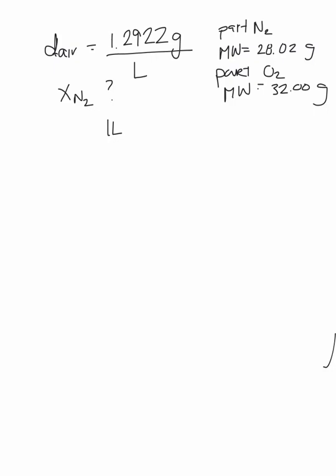But let's start by solving for that n. So if we have PV equals nRT, we're going to rearrange our favorite ideal gas equation to solve for n. So n is equal to PV over RT.